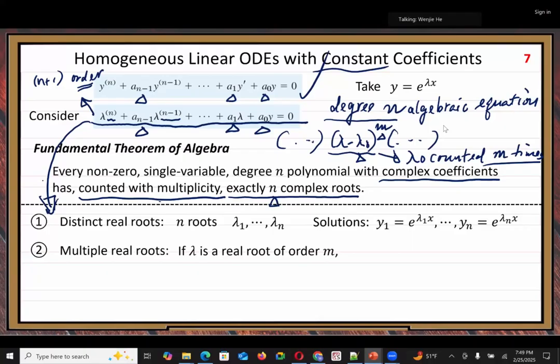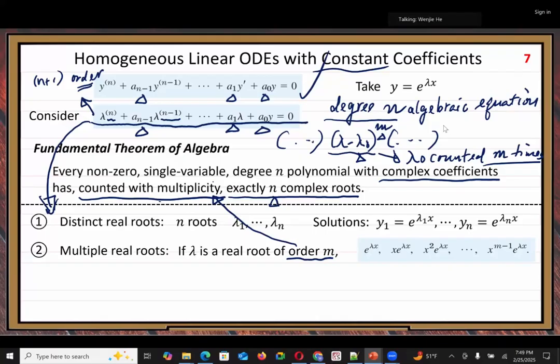Order m means multiplicity m. The term order is used everywhere, and its meaning could be quite different in different places.